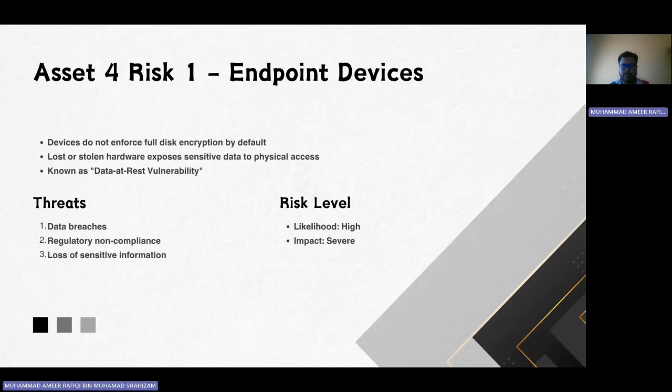So if the device is compromised or goes missing, there is a likelihood that critical information would be exposed. This is also known as a data at rest vulnerability. The threats from this would be data breaches, regulatory non-compliance, and loss of sensitive information. The risk likelihood is high, and the impact is severe.